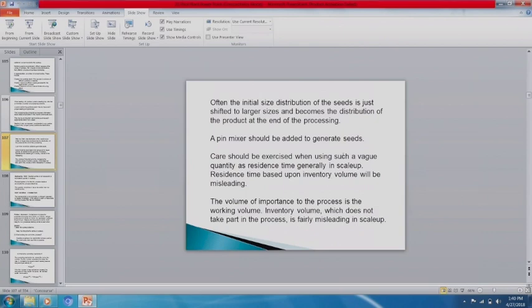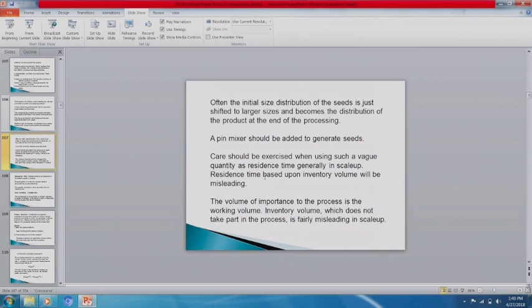Care should be exercised in using such vague quantities as residence time. Residence time based upon inventory volume will be misleading. You really need to figure out what the working volume is. Working volume is where the process is taking place. Residence time can be quite misleading.